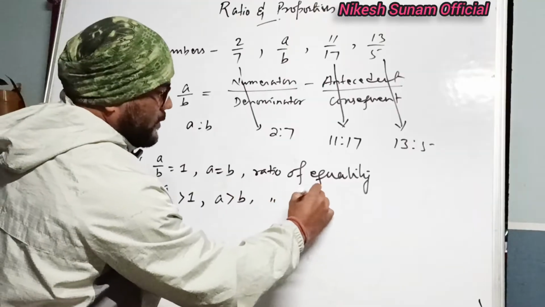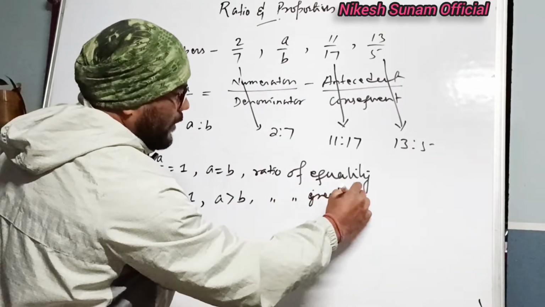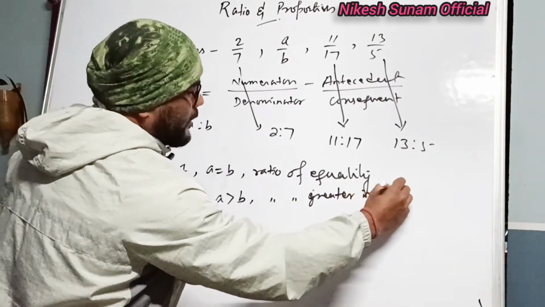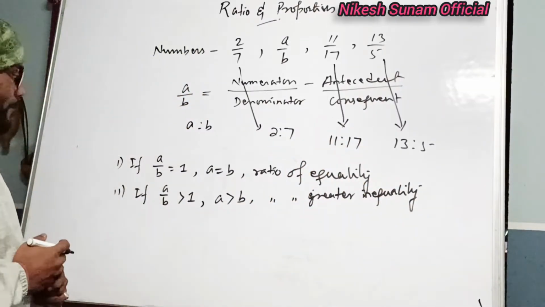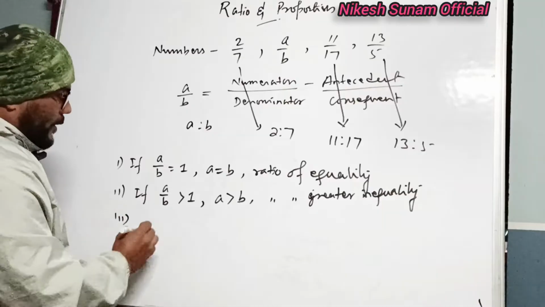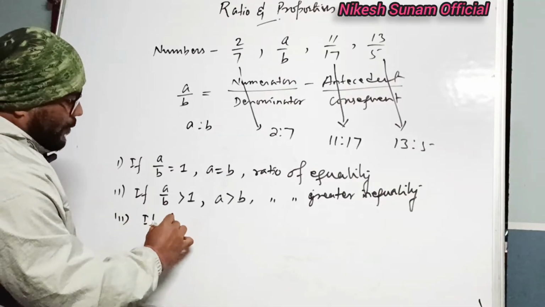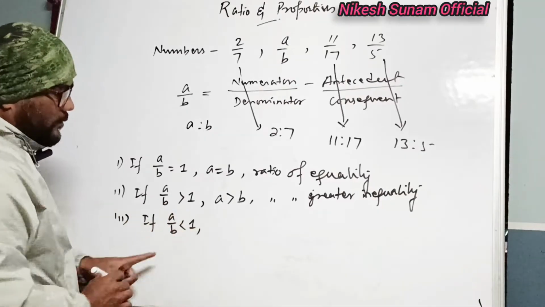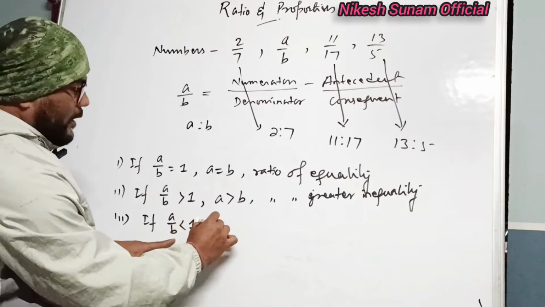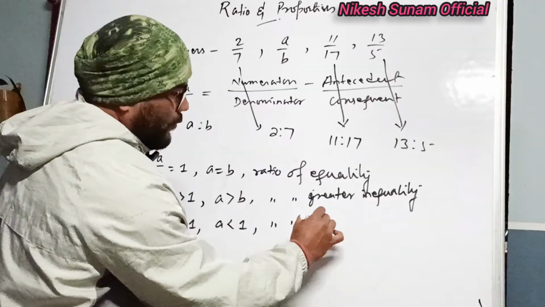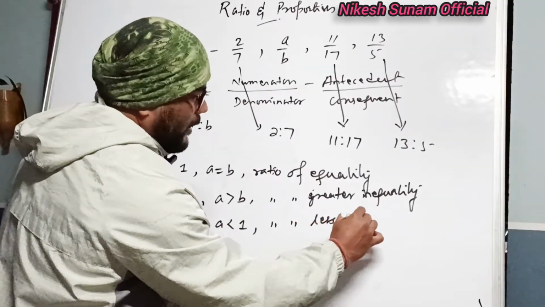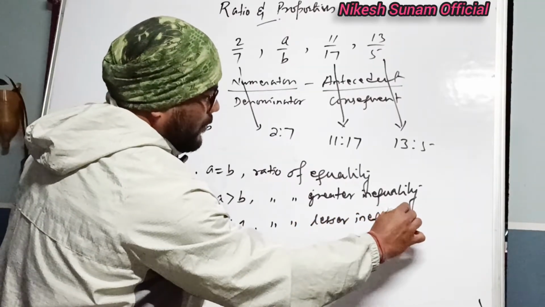This is known as ratio of greater inequality. The third point, if a by b is less than 1, that means a is less than b, then it is known as ratio of lesser inequality.